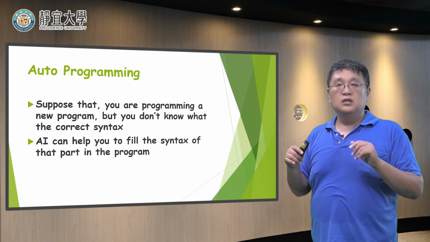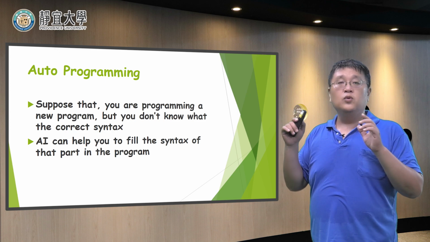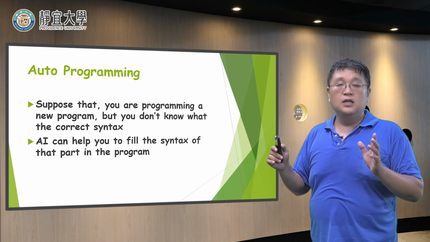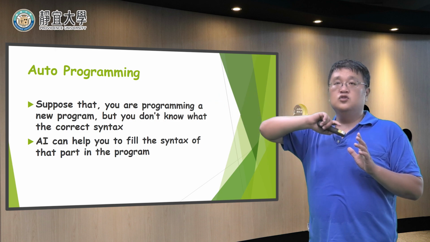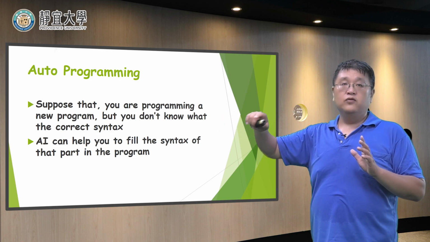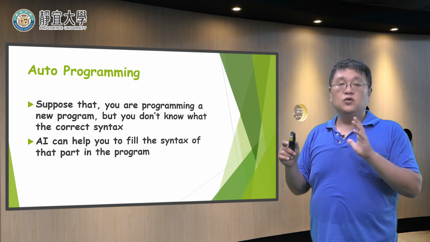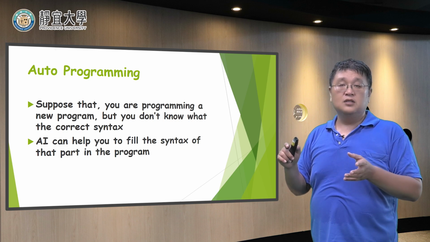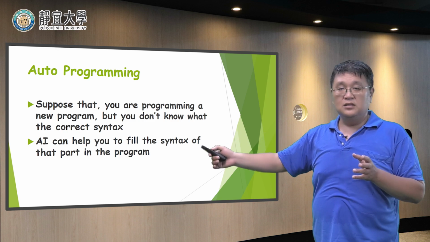Even more, you just tell the computer what we are going to program, and it will generate a general program for you. But for some examples, you have to write them first, and it will help you do the following things.